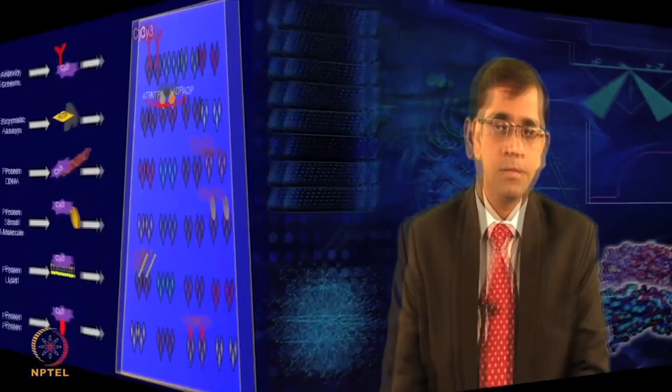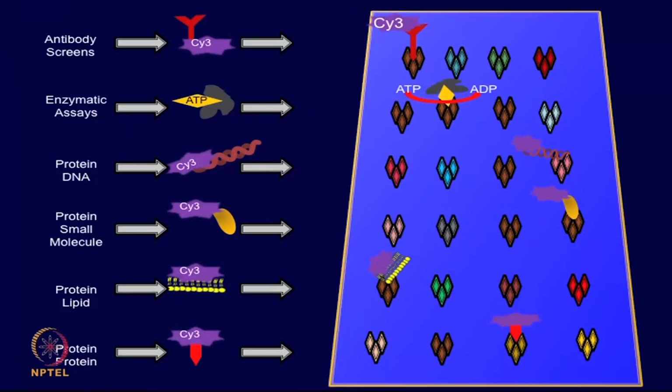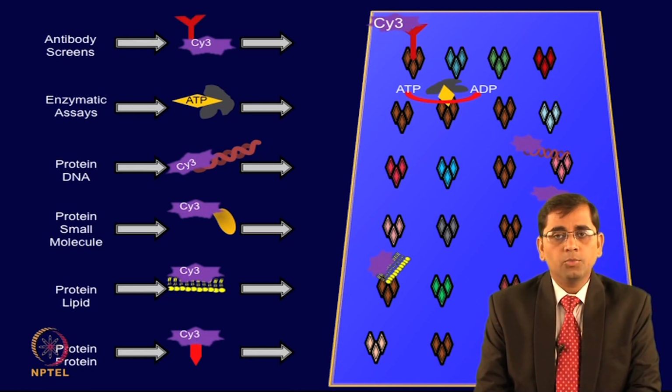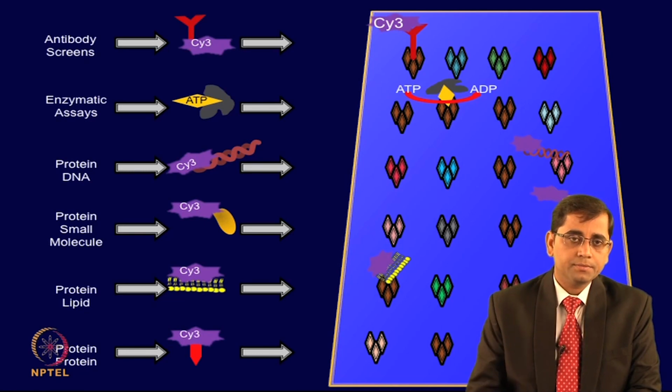After giving you an overview of protein microarray experiment, let us now talk about protein microarray based applications. Protein microarray chips have been used to assay for a wide range of applications such as protein-protein interactions, protein lipid, protein nucleic acid, which includes protein DNA, and protein small molecules or protein substrate identification.